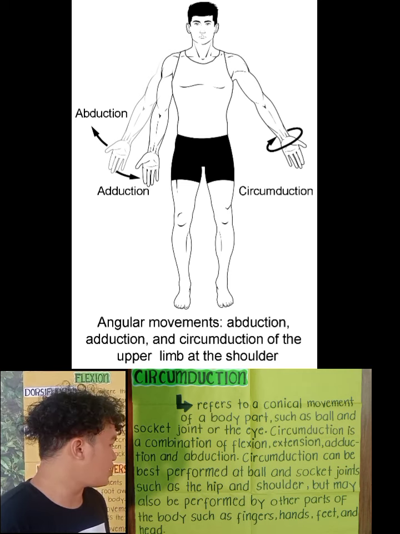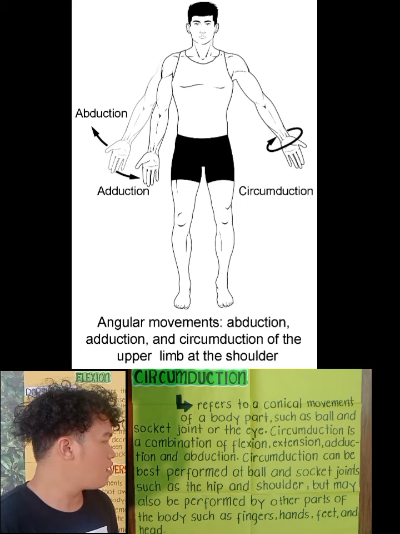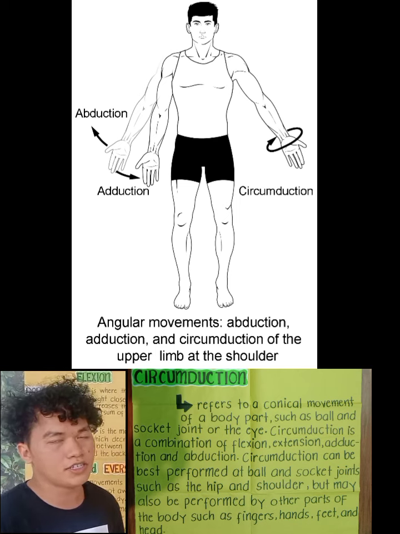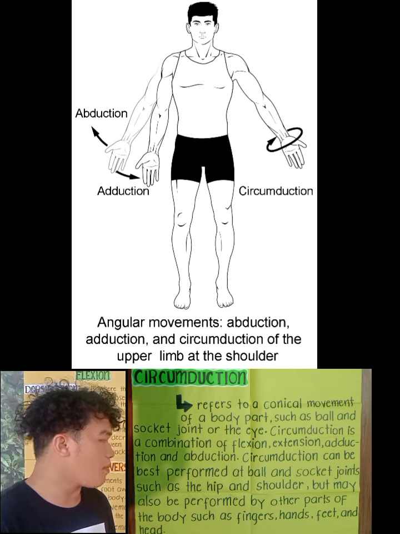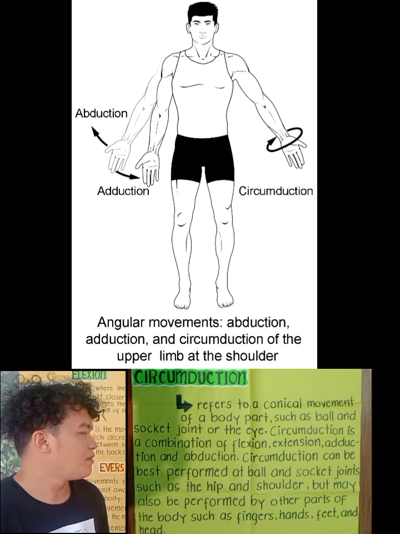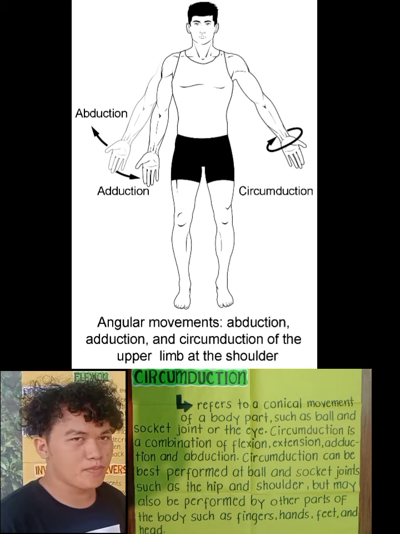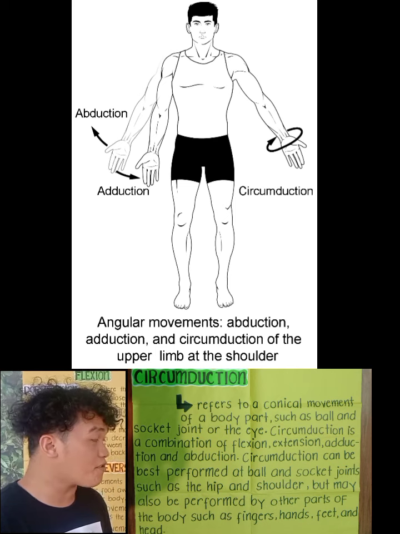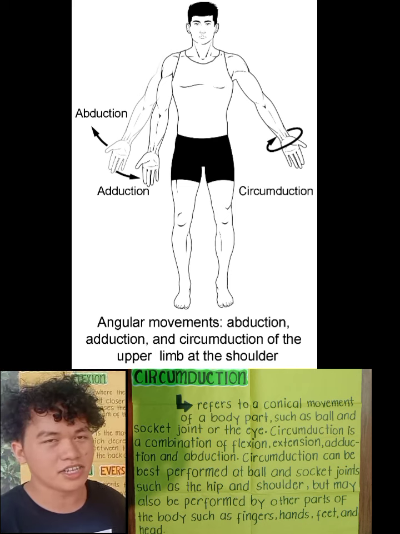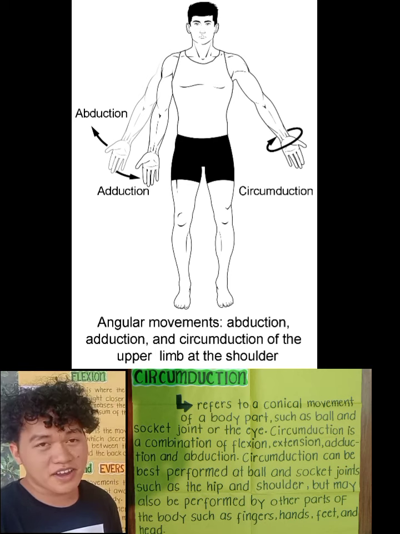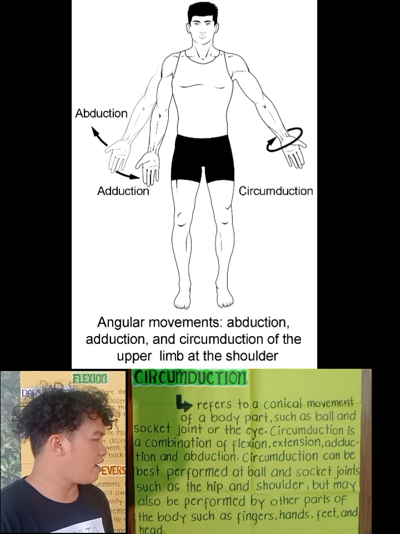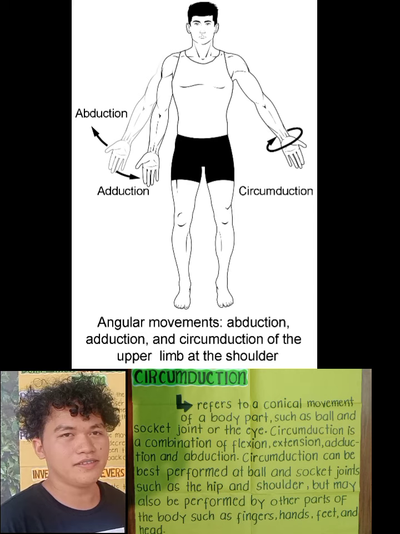Circumduction can be best performed at ball and socket joints such as the hip and shoulders, but may also be performed by other parts of the body such as fingers, hands, feet, and head.